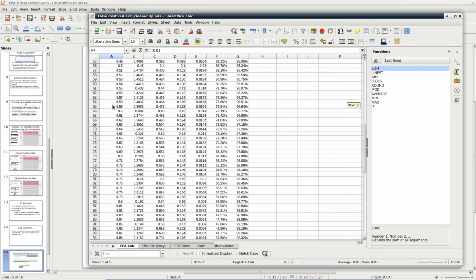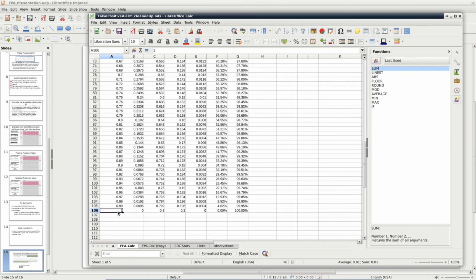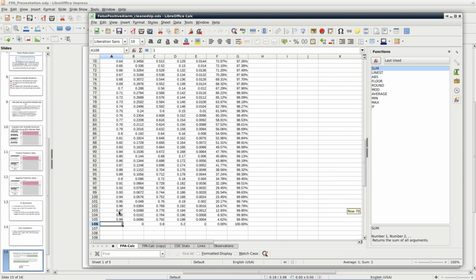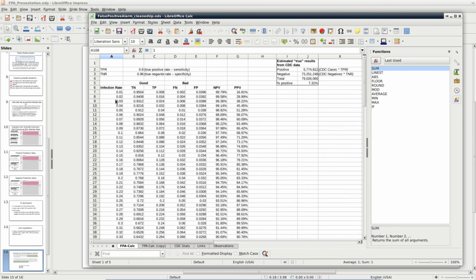We go 1, 2, 3, 4, 5, incrementing by 1% until we get all the way to 1, which is 100%. So we're going to see the scenario for each. We're going to look at the negative predictive value and positive predictive value for each percentage. And these columns in between are true negative, true positive, false negative, false positive. Each of these multiplies the infection rate by the appropriate value from the true positive or true negative rate.